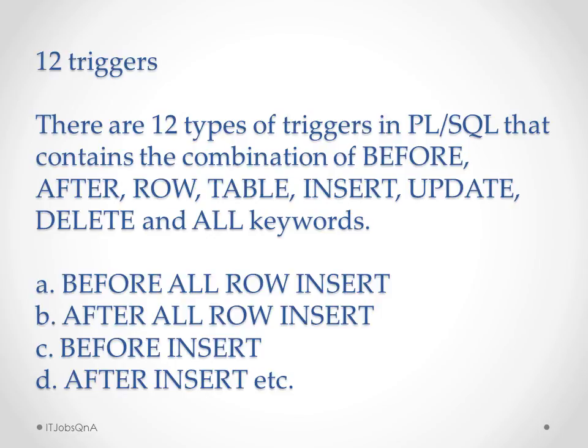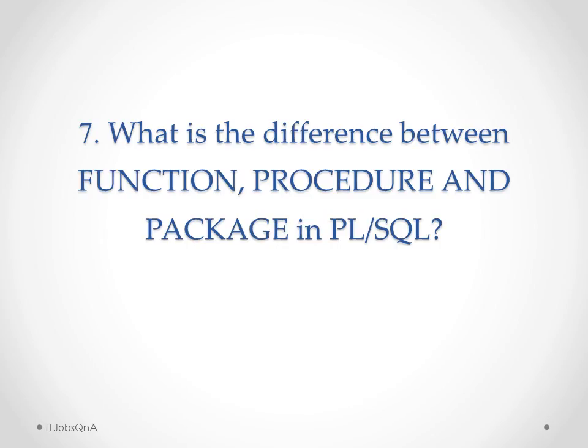A trigger is triggered automatically when an associated DML statement is executed. There are 12 types of triggers in PL/SQL that contain the combination of before, after, row, table, insert, update, delete, and all keywords. Let's see a few examples: before all row insert, after all row insert, before insert, after insert, etc.